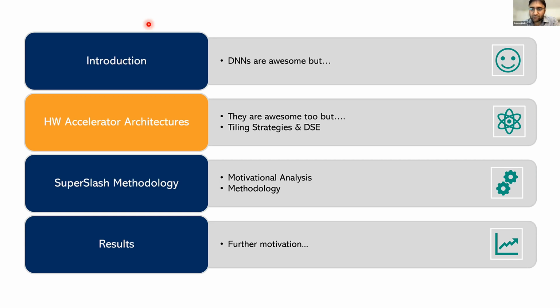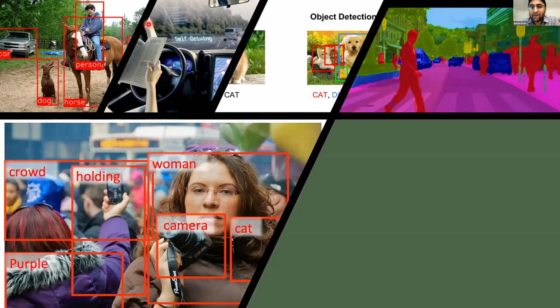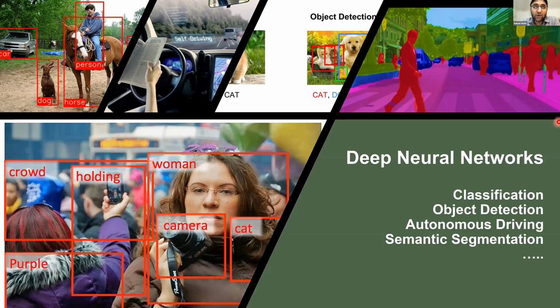Over the past decade, deep neural networks have allowed us to achieve remarkable success in several computer vision challenges. These include classification, object detection, autonomous driving, semantic segmentation, and the list really goes on.